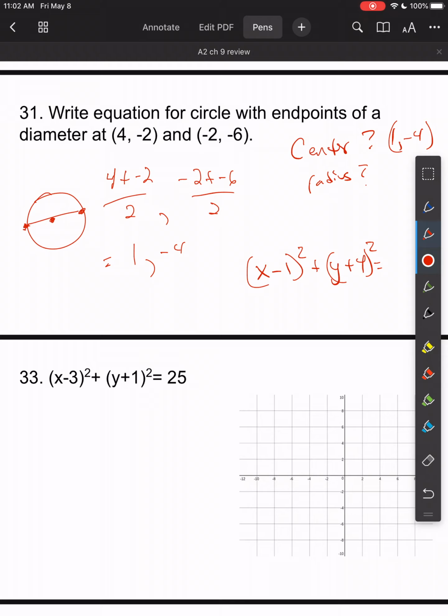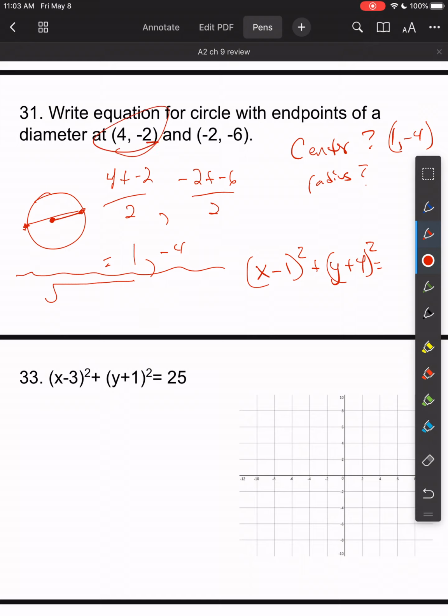This is the part that I still need to do. I need to find my radius. The radius is the distance from the center to either point. So I'm going to use my distance formula, with my center point, 1, negative 4, and then this point, 4, negative 2.